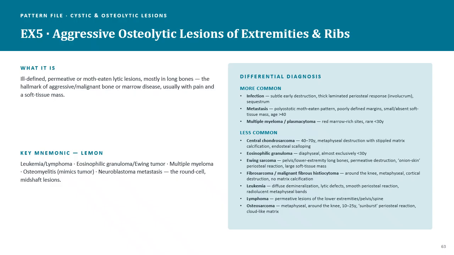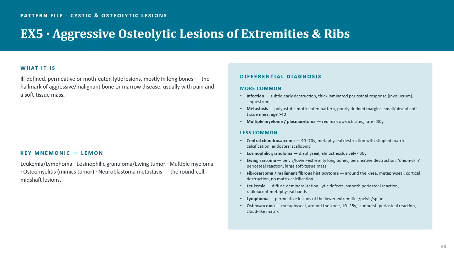Now, the biggest difference between our cystic lesions that we looked at on the last slide and also these aggressive osteolytic lesions is basically how fast it's growing and the border. So a smooth border usually is going to suggest that there is some sort of slower growth process going on. And if we have a wide, poorly defined, moth-eaten border, it usually suggests to the radiologist or doctor that there's something faster and more aggressive happening.